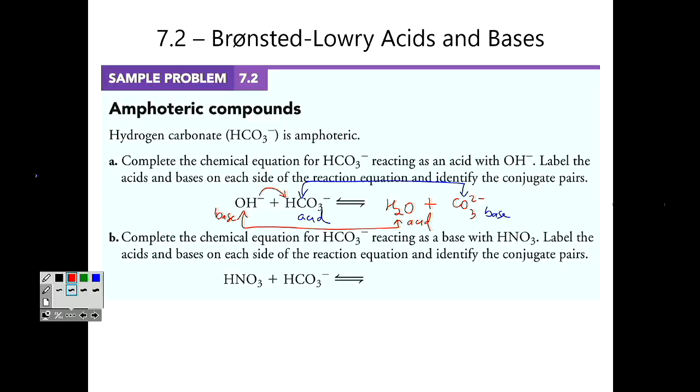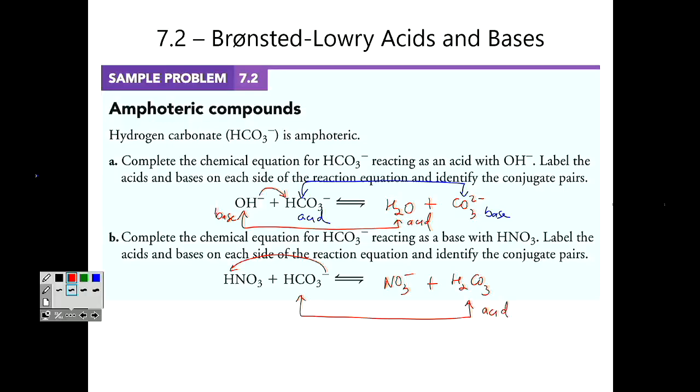In the case of the reaction with nitric acid, the bicarbonate will be a base because nitric acid is a strong acid, as we're going to learn. So that bicarbonate picks up that proton. That produces nitrate. And then, of course, it produces H2CO3, which is called carbonic acid. Right? So the bicarbonate and the carbonic acid constitute a conjugate acid-base pair.